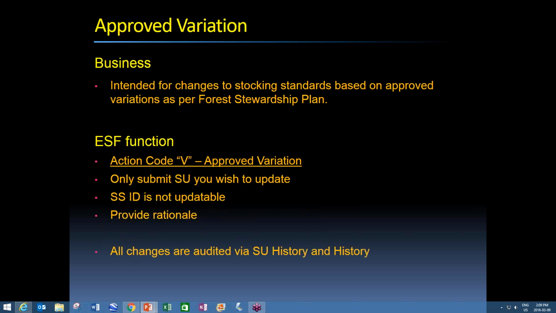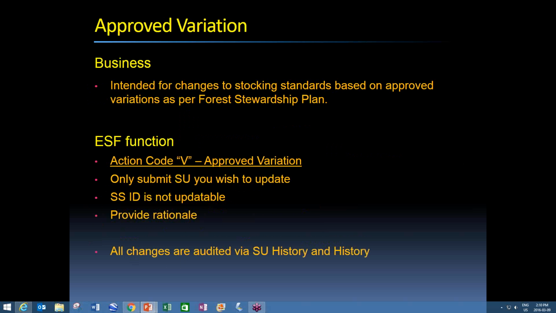So what happens is that when the licensees are writing their stocking standards for their FSP, sometimes they provide extra details of situations where they may apply to vary from the stocking standards. And those are called approved variations.